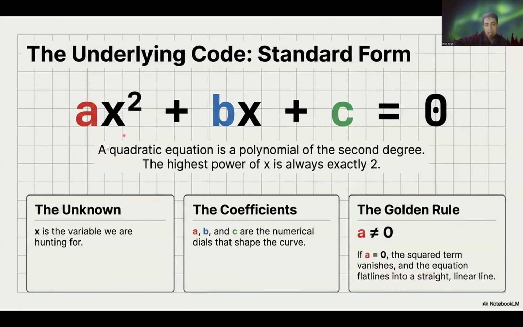We say this is a quadratic equation, where x is the variable we are hunting for, and a, b, and c are numerical values that shape the curve. a, b, and c are real numbers, and a must not equal 0.